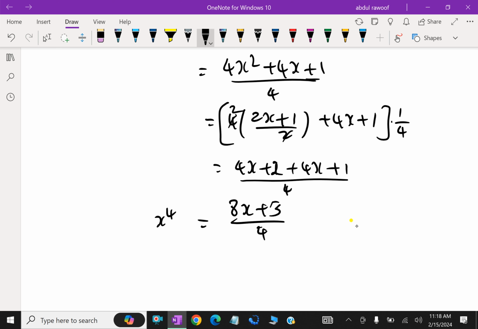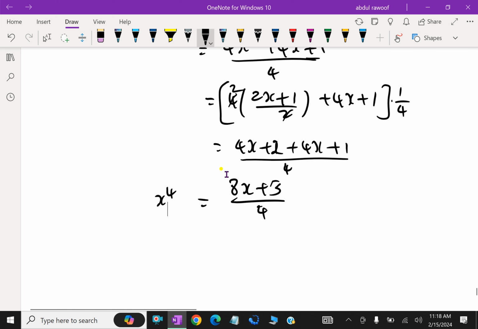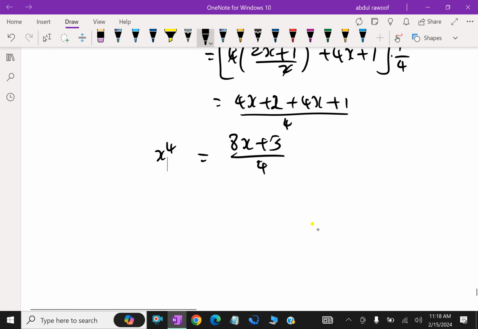That is x power 4. Then x power 8. x power 8 equal (x power 4) squared.